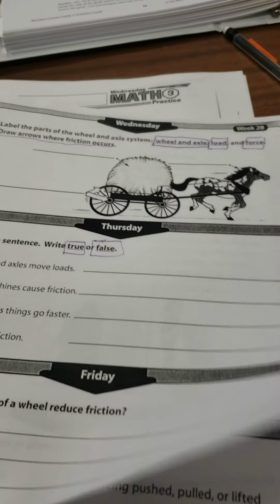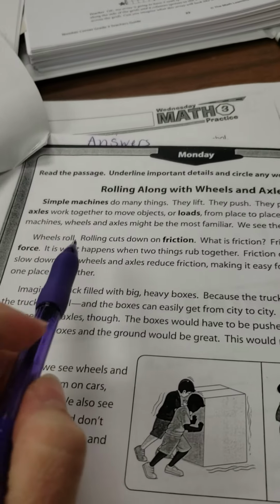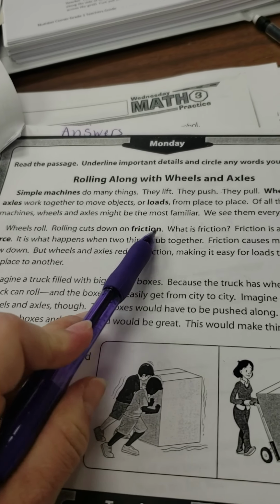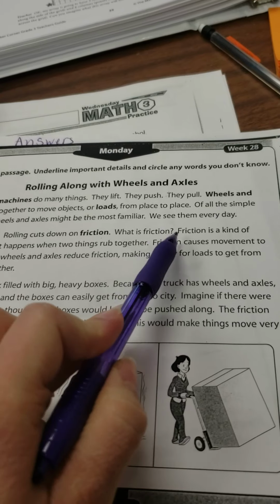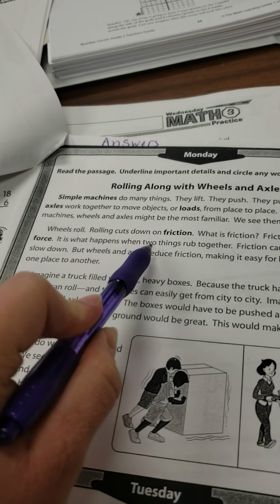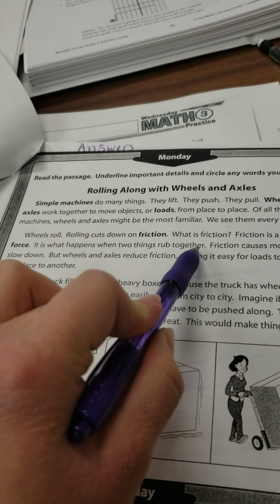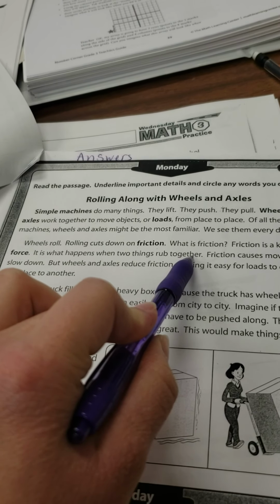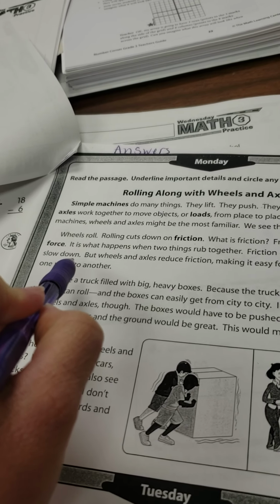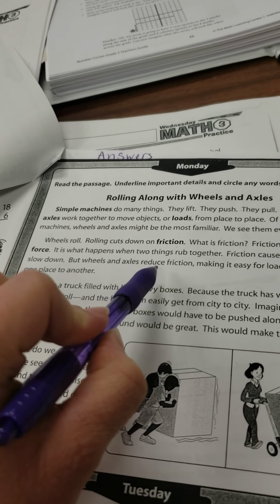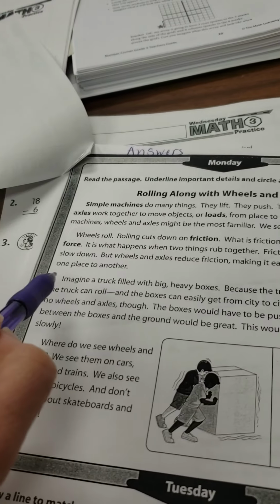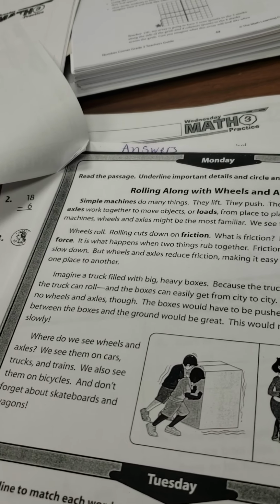I might even have to go back and look at that because it says wheels roll, rolling cuts down on friction. What is friction? Friction is a kind of force. It is what happens when two things rub together. Friction causes movement to slow down, but wheels and axles reduce friction, making it easy for loads to get from one place to another.